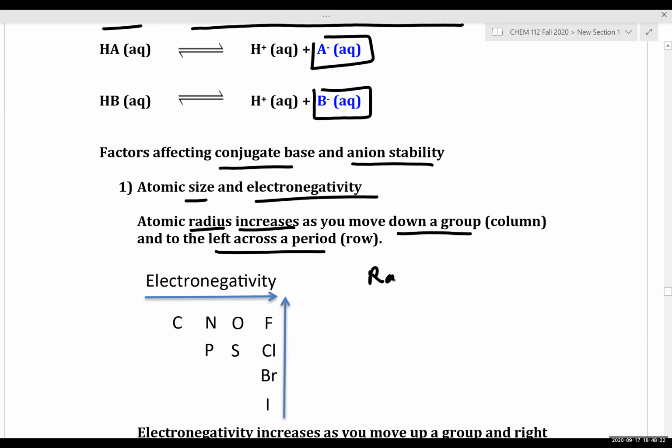So if we're thinking about the atomic radius, it increases going down and to the left on your periodic table.